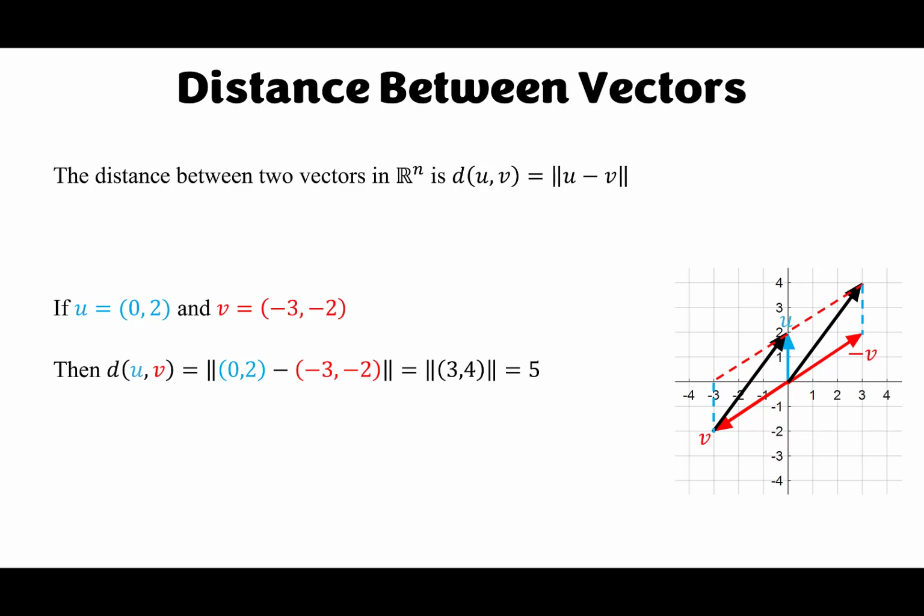But notice, remember from vector-vector addition, that black arrow, the new one, is u plus -v, right, from vector-vector addition. So finding the distance between u and v is the same calculation as finding the length of u plus -v, right? And that's where our definition comes from.